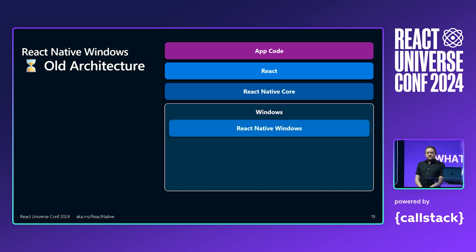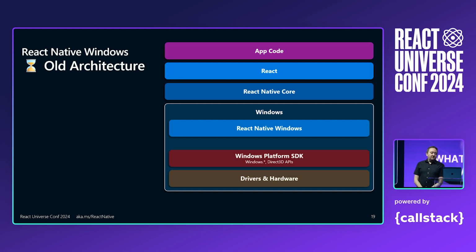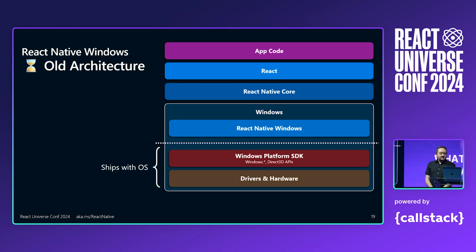React Native for Windows, as an out-of-tree platform, is a separate package and has a separate repo, but it builds a lot of the capabilities from core. Underneath React Native for Windows is the Windows Platform API. This is the native platform that sits underneath, and for better or worse, it shipped with the operating system.